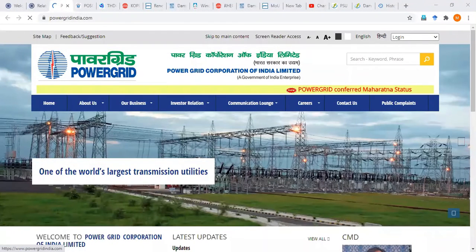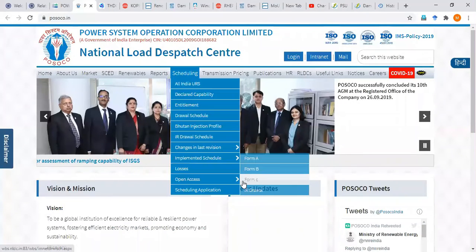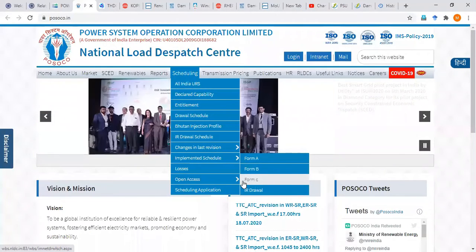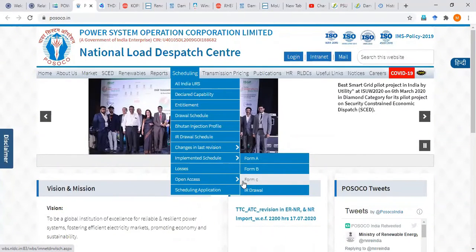This is also one of the organizations related to the power ministry. It is the Power Grid. And one more is the Power System Corporation Limited. This will be a coordinating organization amongst all the regional load dispatch centers.